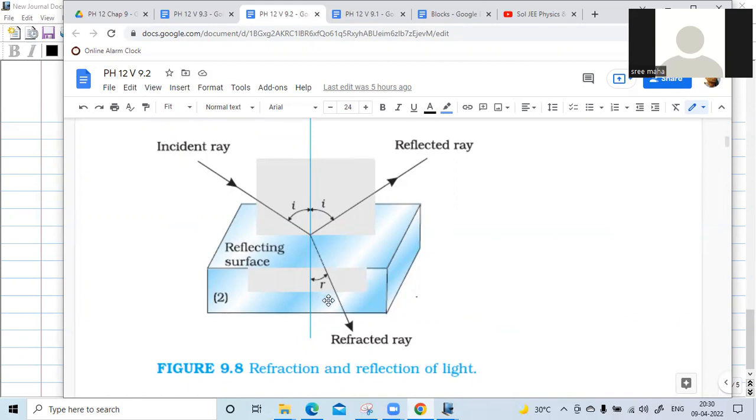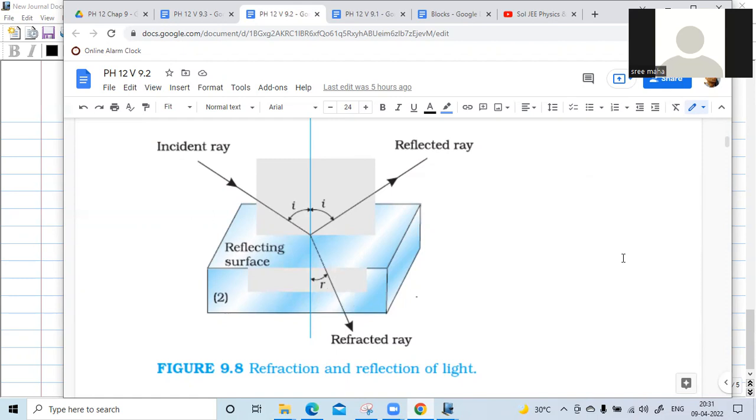Will it increase or decrease? In the case of reflection, if I increase I, R also increases, because I equals R. In the case of refraction, if I increase I, that also will increase. But how are I and R related?